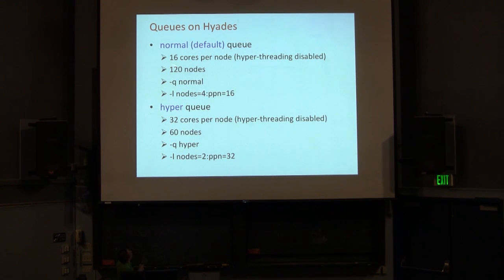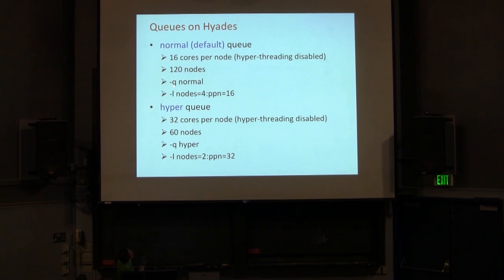Okay, but we are experimenting. Right now we set up about 2/3 of our nodes with hyper-threading disabled, but 1/3 enabled. So try both. But I'll get into this later. When you are submitting your jobs to the Torque queuing system, you would use this option.